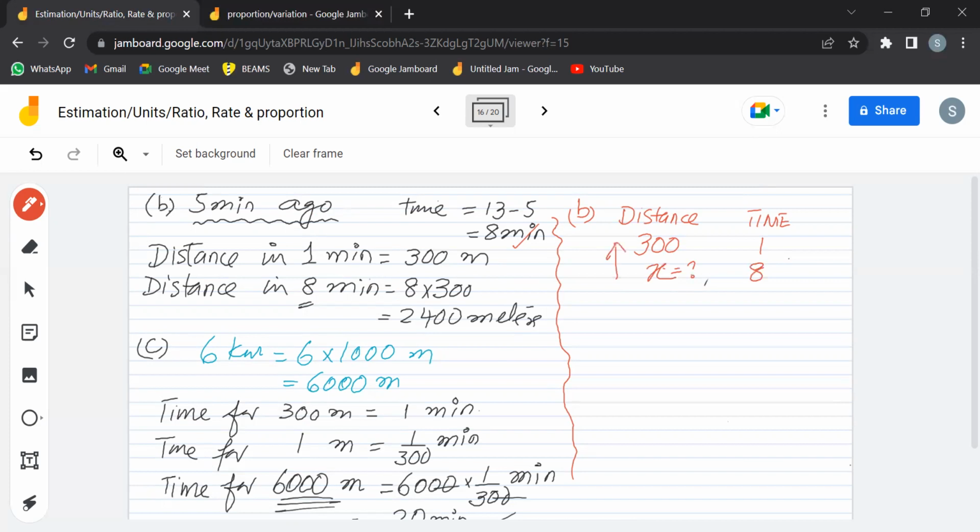Draw the arrow, and yes, this is the case of direct proportion because if the time is increasing, obviously more distance is covered. So x over 300 is 8 over 1, and this answer is same as before. This answer is 2400 meters, and yes, this is there.